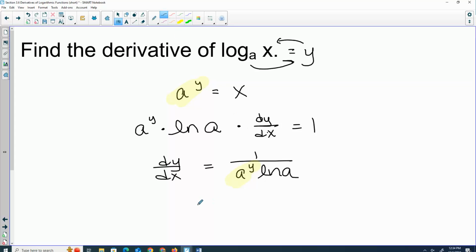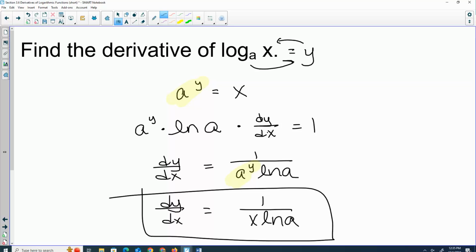So, substitution: dy/dx is 1 over x natural log a. So x is the argument, so it's 1 over the argument times the natural log of the base. That is now something that we can use as fact.